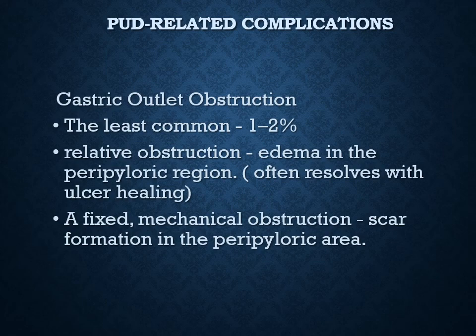Relative obstruction is due to the edema in the peripyloric region and often resolves with ulcer healing. And fixed obstruction is brought about by the scar formation after the ulcer has healed, usually in the peripyloric area, which is the narrowest portion of the stomach, distal stomach.